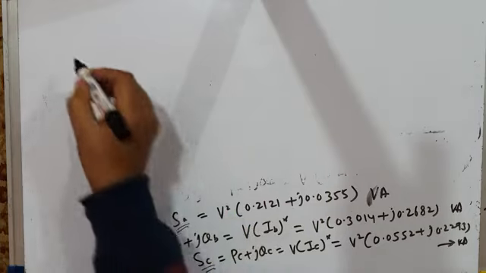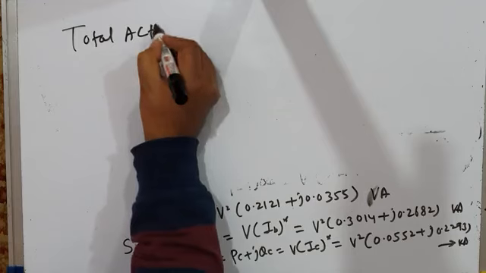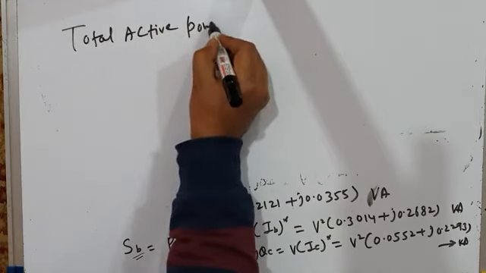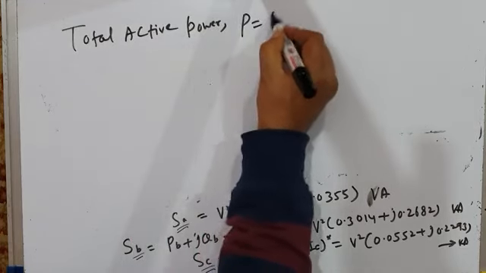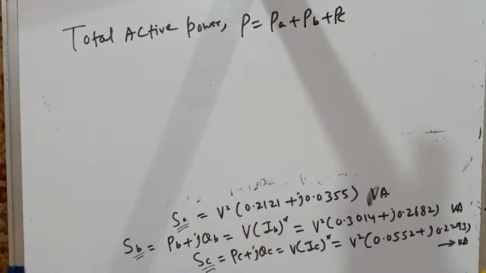I will write the total active power consumed by the load. P is equal to PA plus PB plus PC. So the real part into voltage square is the active power.